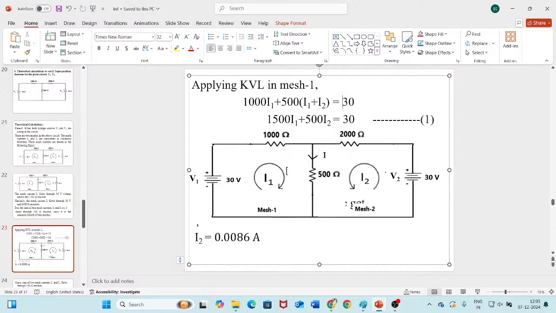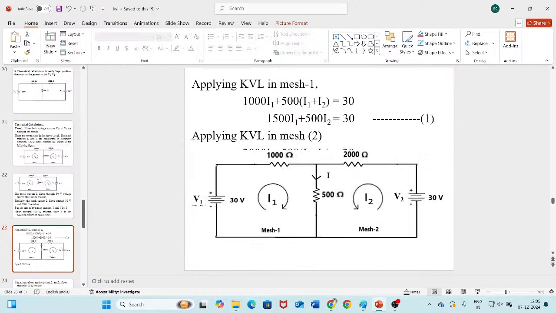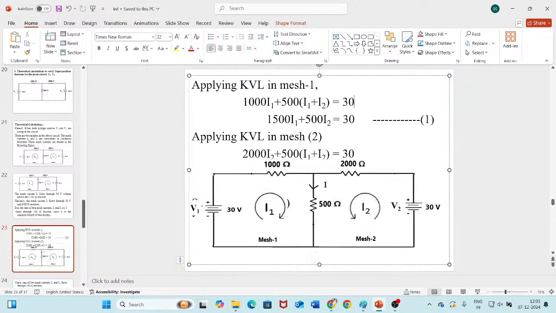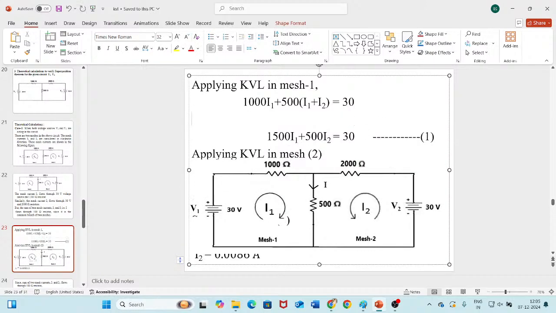So you just expand this. I can write one more equation here; it will be easier to understand.